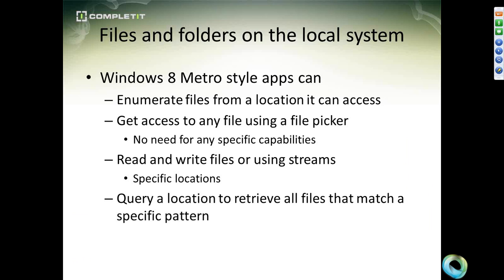What is possible is allowing Metro style applications to access files in some specific directories, or using a file picker and then giving the Windows 8 Metro style application the ability to read or write a specific file using the file picker API. That's what you see there in point 3 and 2.